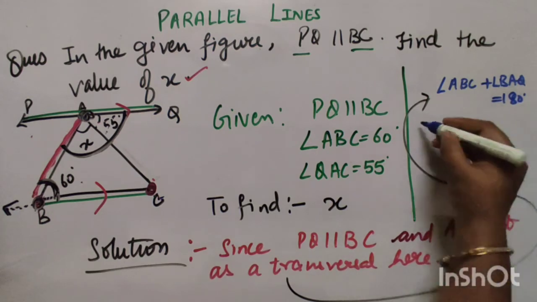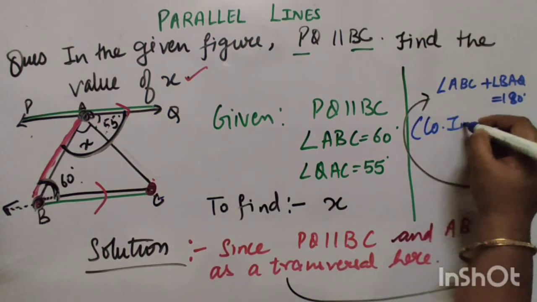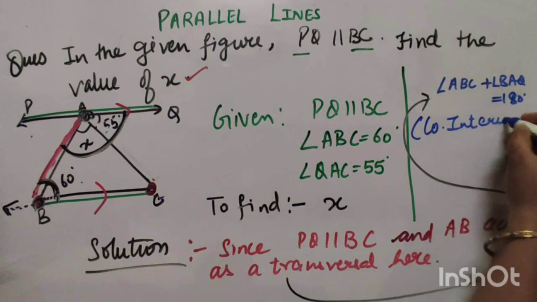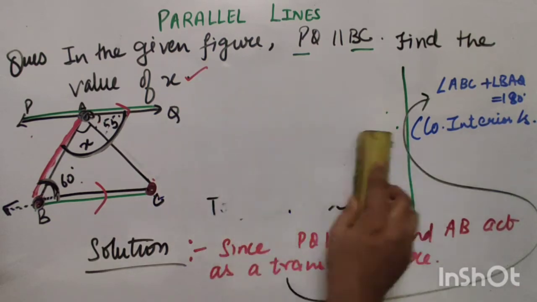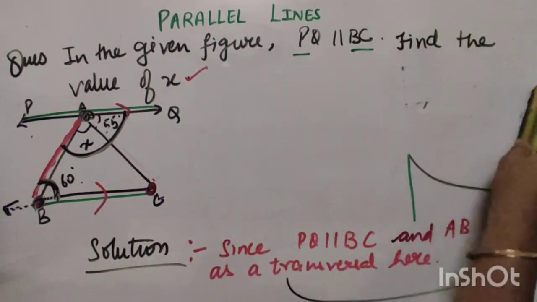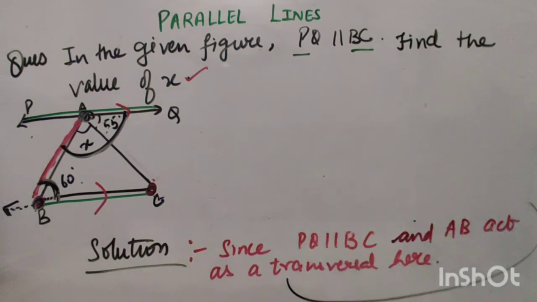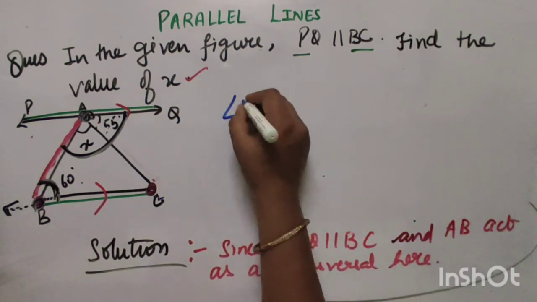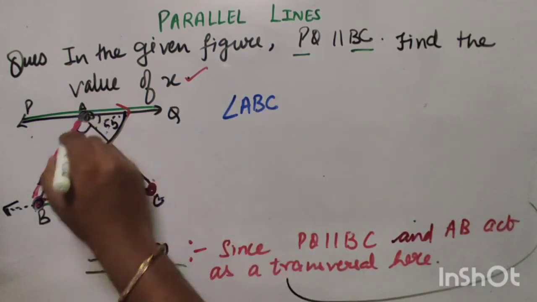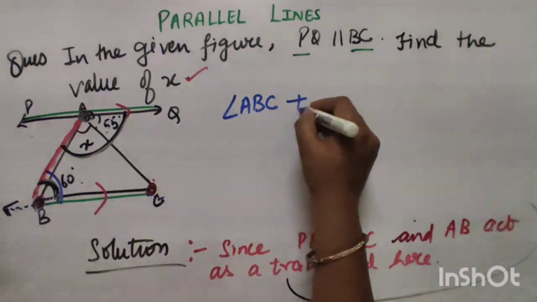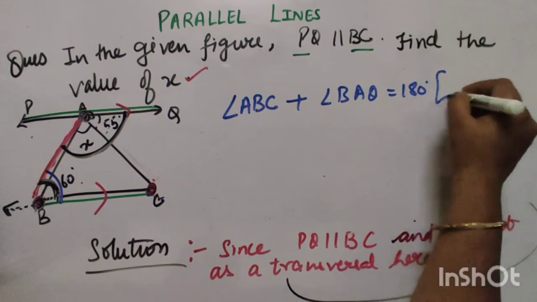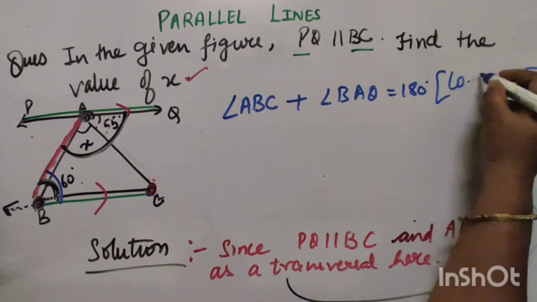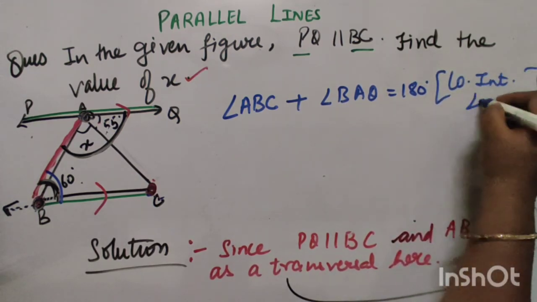They are making 180 degrees by co-interior angles, right, children? Let me write it a little more clearly here. I'll erase this. Now I'll show you once again. Angle ABC, that means this angle, plus angle BAQ equals 180 degrees by using the concept of co-interior angles.